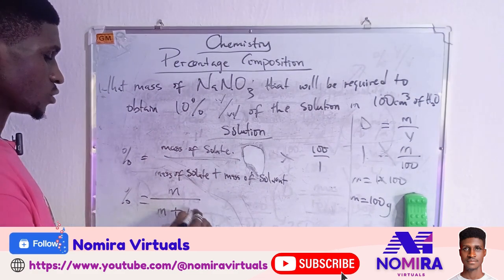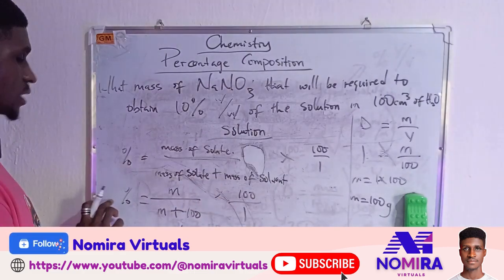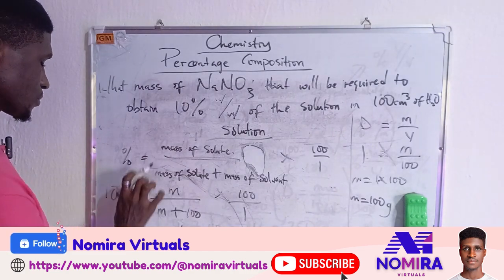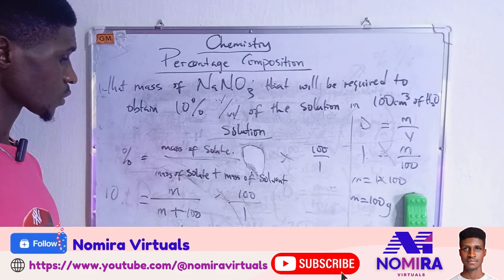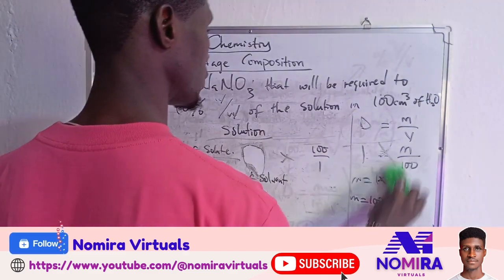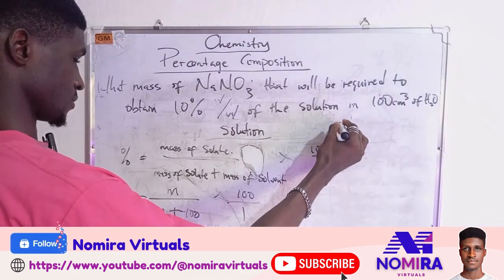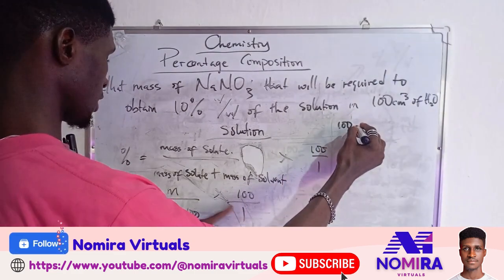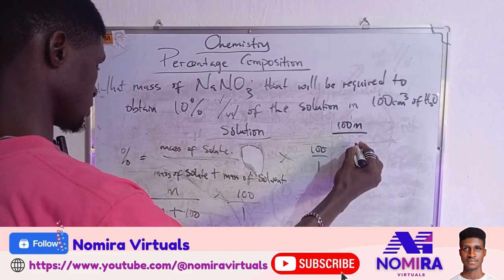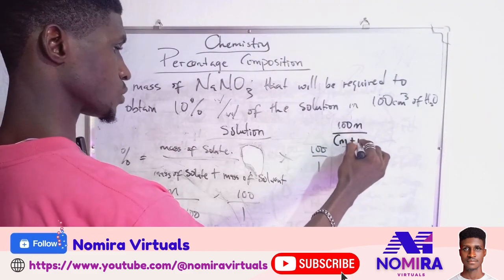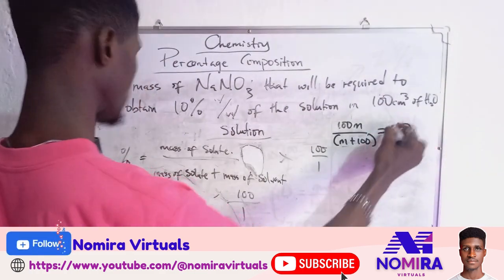So we are going to add 100 here, then times 100 over 1. The percentage we are given here is 10, 10% from the question. So from here we can solve. We have 100 times m, 100 m, all over m plus 100 times 1, equal to 10%.